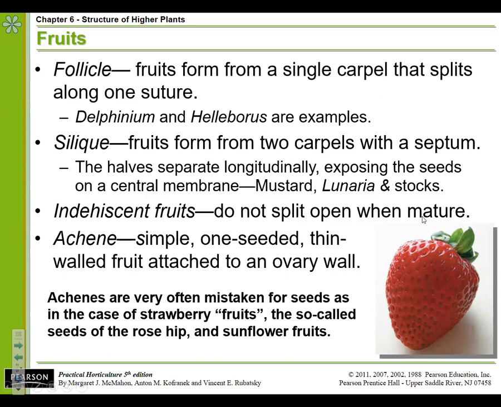They look like seeds, but the seed is hidden within the achene. So technically it's still a fruit. We call a strawberry a berry, right? But botanically it's a compound fruit, not actually a berry.